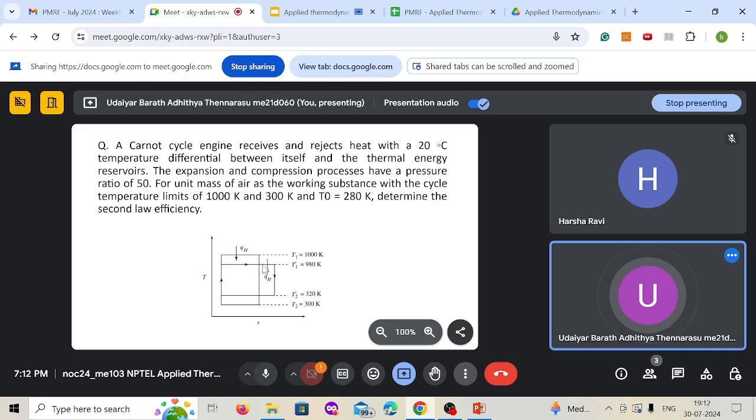Here your actual work is from the reversible engine operating between 980 Kelvin and 320 Kelvin, and what you can get in the ideal case with no temperature difference is at 1300 Kelvin.